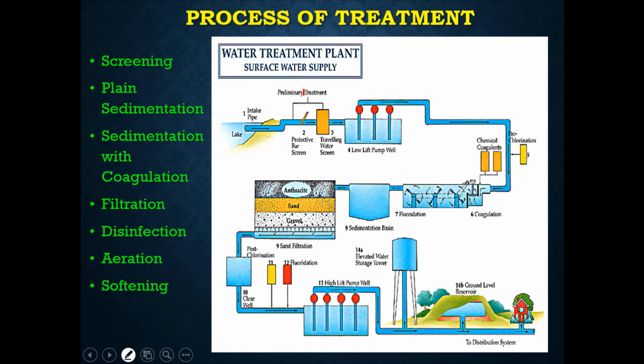From the starting, as you can see here, the preliminary treatment is present, and here the bar screen is there, meaning the screening phenomenon is there. Then chemical coagulants are added, and water is lifted if there is a difference in elevation between the raw water intake pipe, which is situated at ground level, and your water treatment plant, which is located at a higher level.